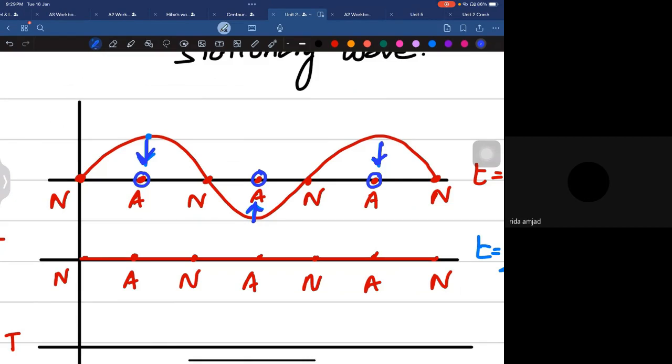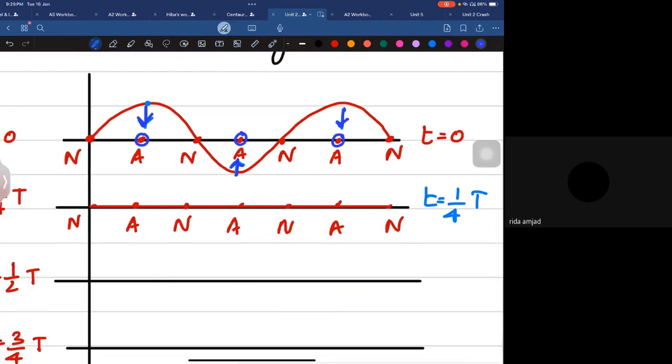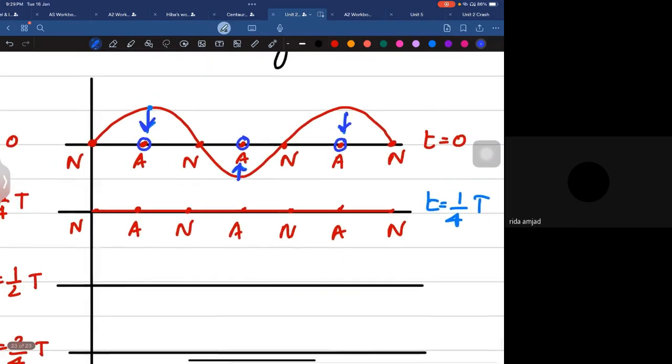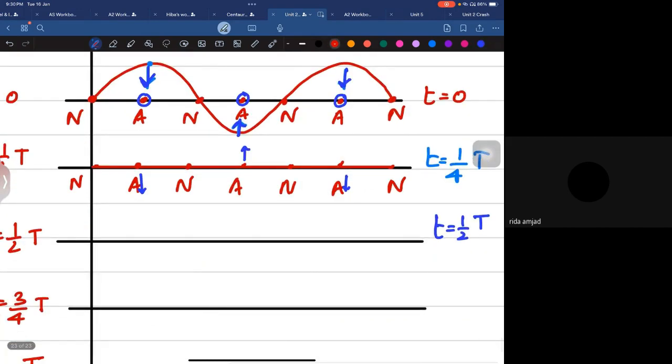So it will look like a flat line. You get it? Yes, sir. Now check this out. When the time passed is equal to half a time period, this antinode was already moving down, this was moving up, this was moving down. So the new wave would look something like this.